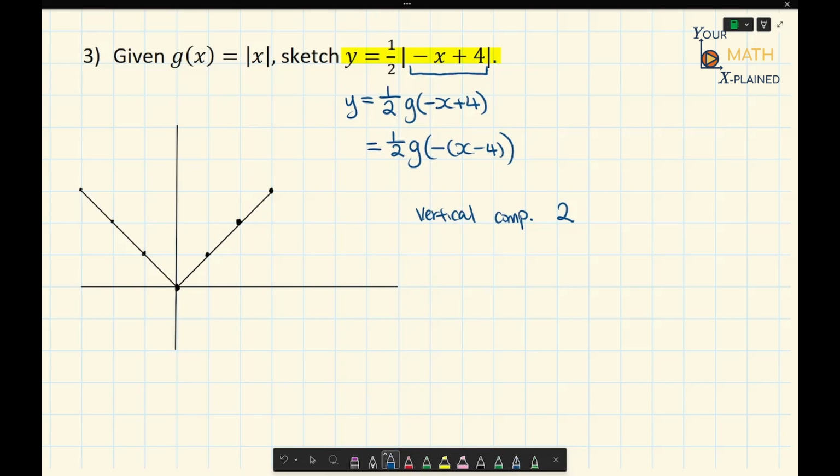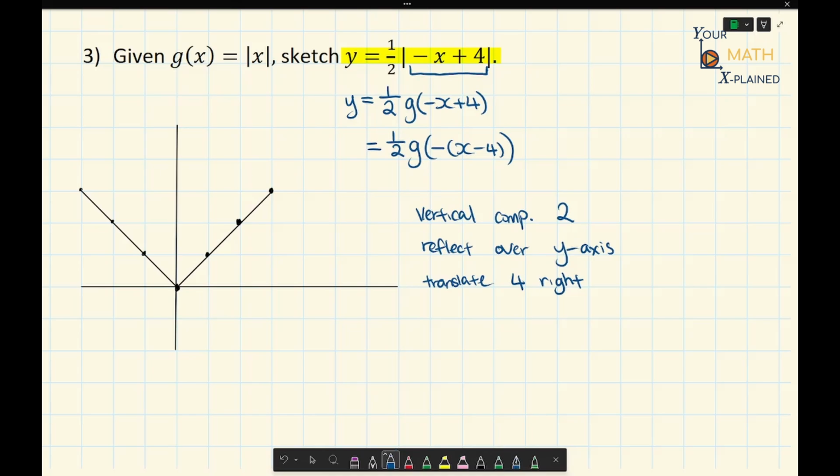Our b here is -1, which means we don't have any horizontal compression or expansion, but we do have a reflection over the y-axis. And our p here is equal to 4, so we're going to translate 4 units to the right. Since our q is 0, there is no vertical translation.